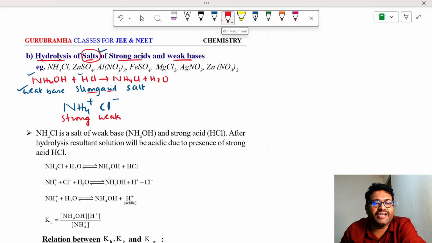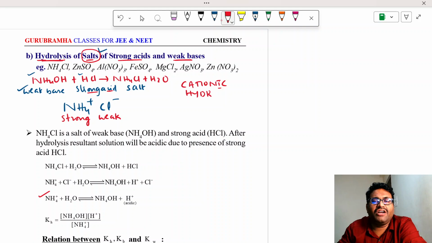Now you can find here NH4+ reacting with water to give you NH4OH and H+. Who is reacting? The cation is reacting. So this hydrolysis is also called what? Cationic hydrolysis.